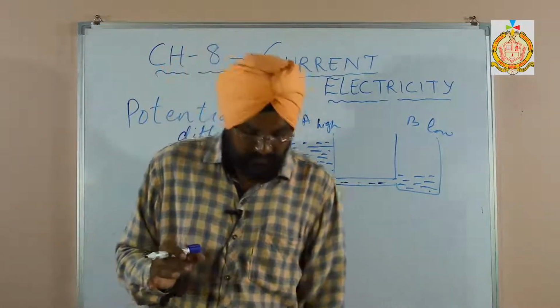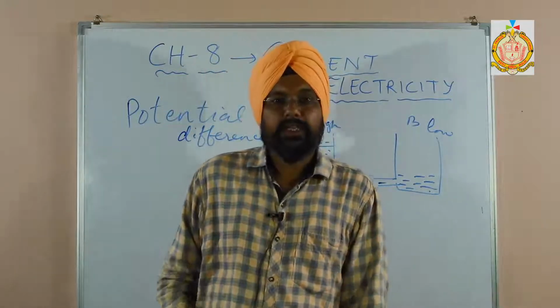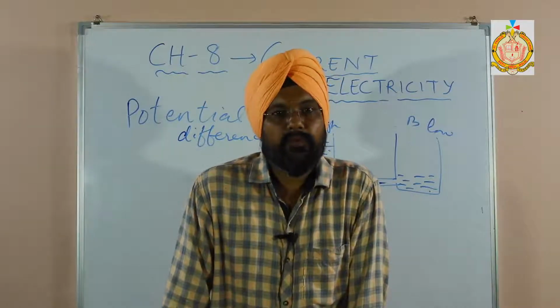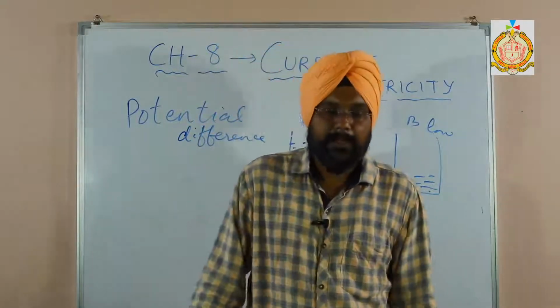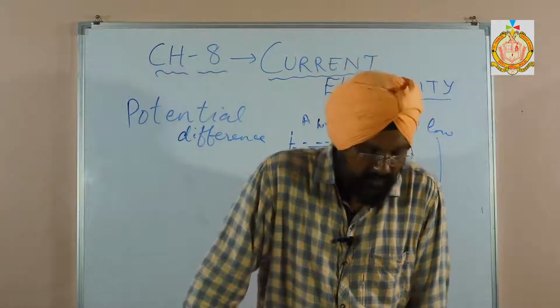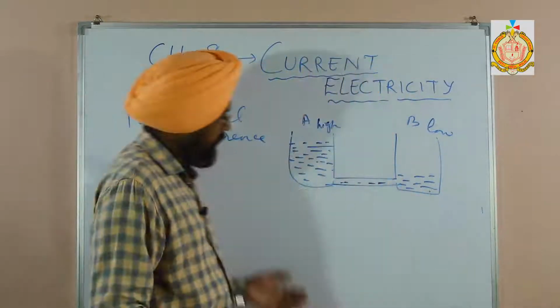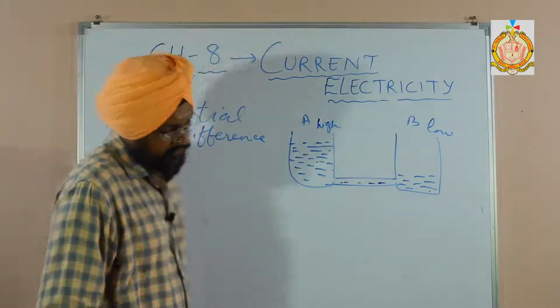It is a scalar quantity. Next, how can we measure the potential difference? With the help of a voltmeter. The SI unit of potential difference is also the same as potential, that is also volt.